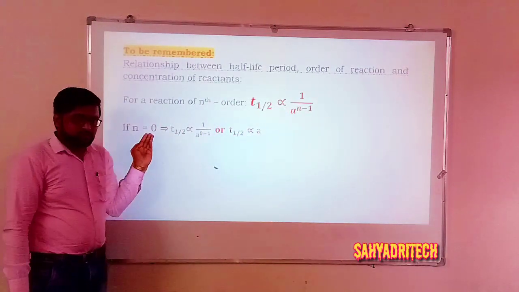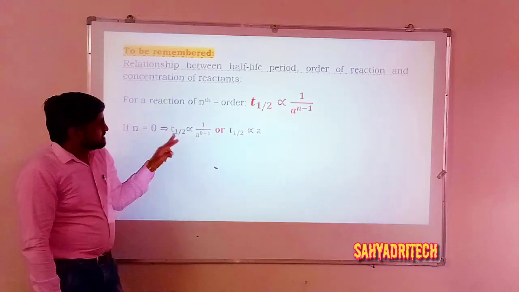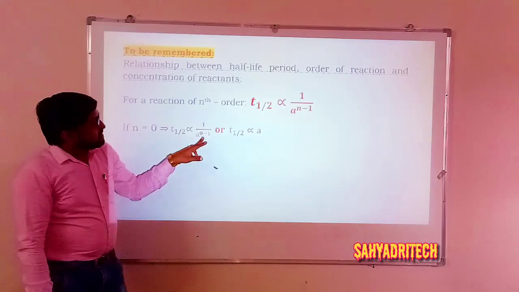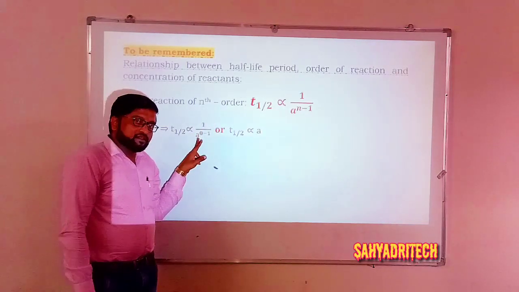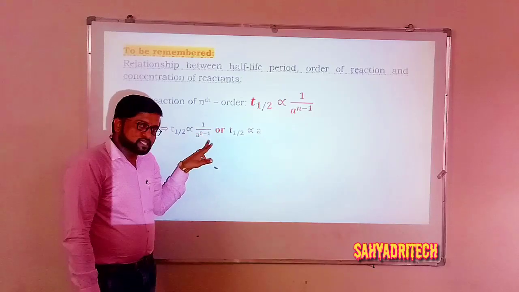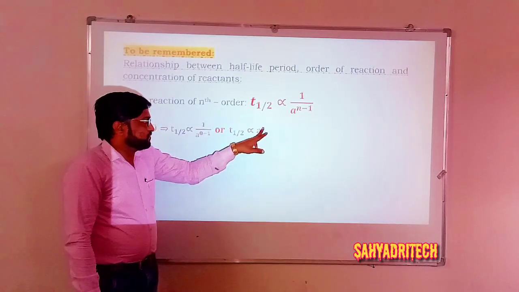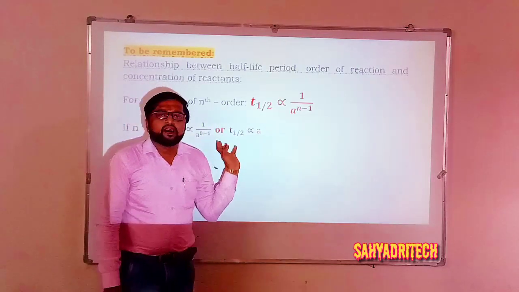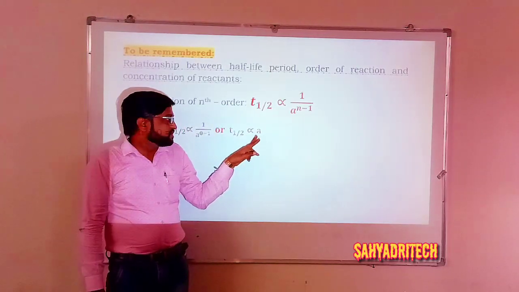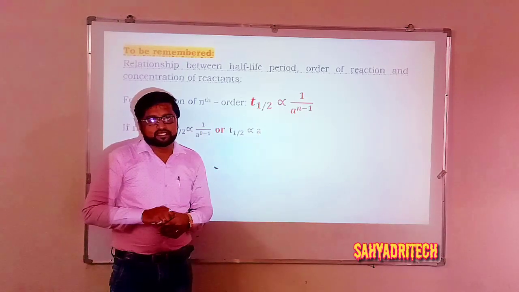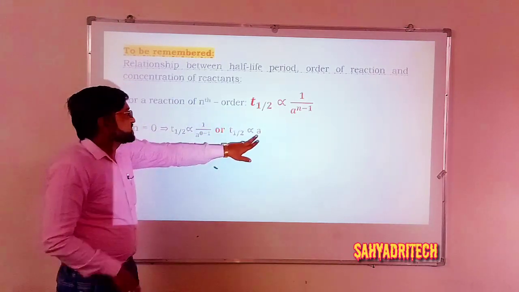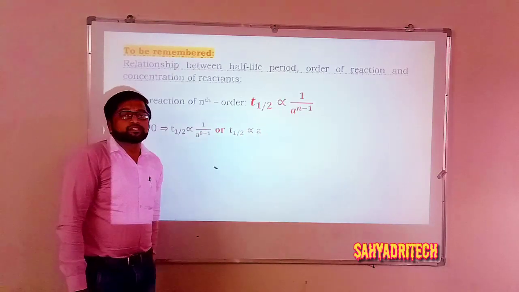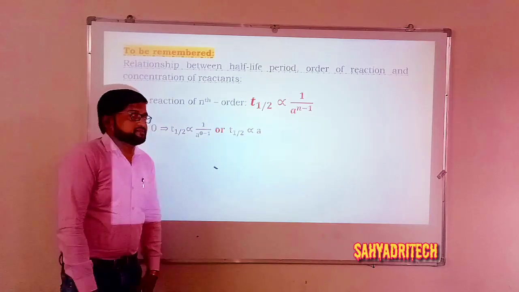So for a zero order reaction, the half-life period is directly proportional to the concentration of reactant species. T half is directly proportional to A raised to 1. So simply I can say directly proportional to the concentration of reactants.